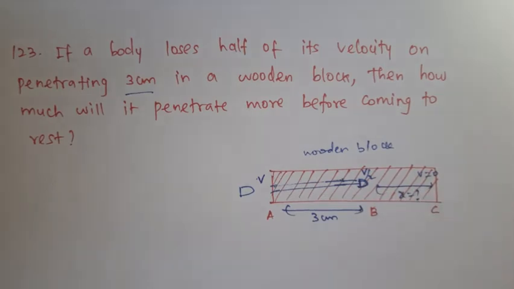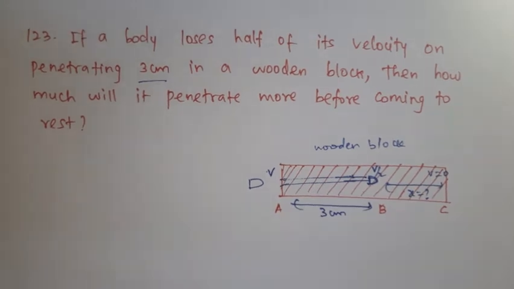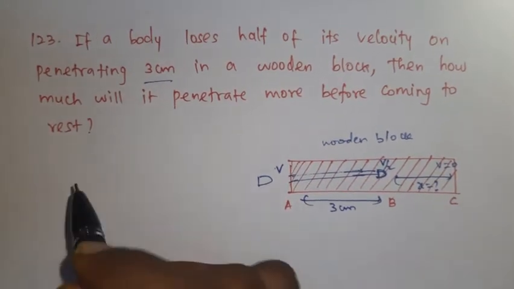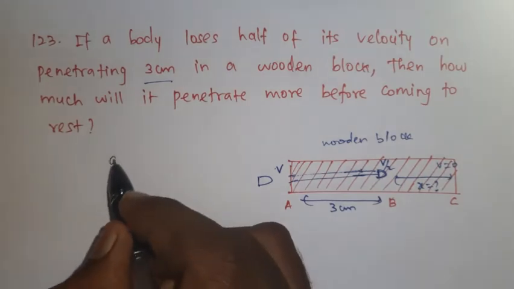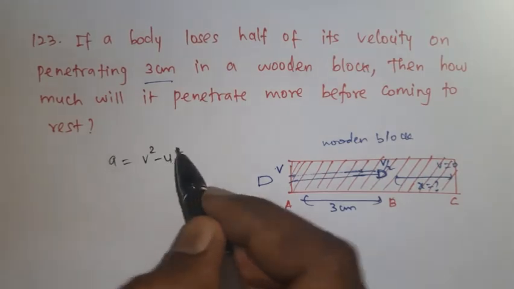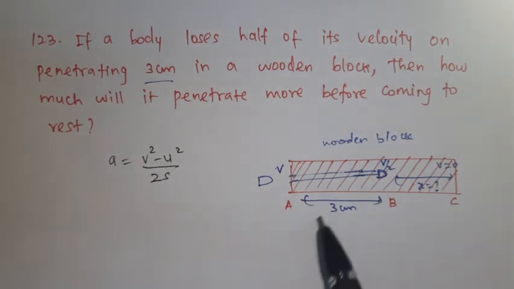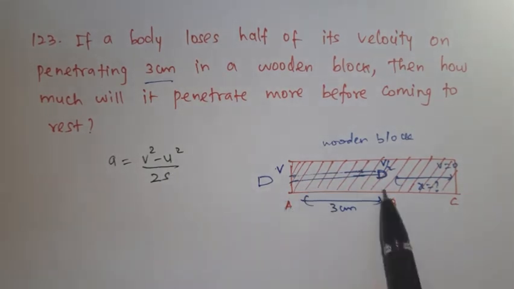Right. Now we know that formula, one of the equations of motion. From that equation of motion we can write the acceleration formula: a is equal to v square minus u square by 2s. So we are going to find the acceleration of the body because the velocity varies.